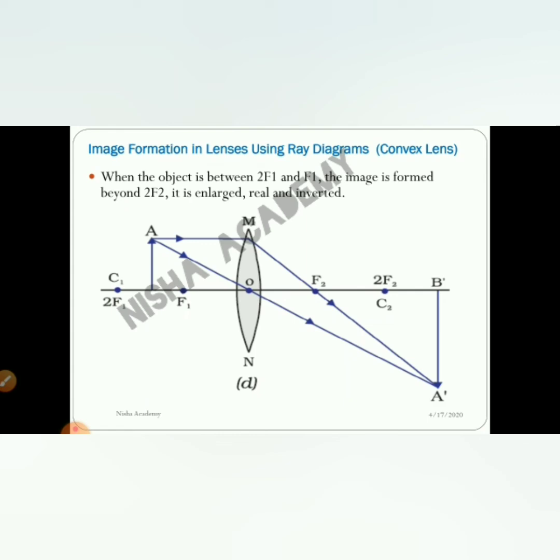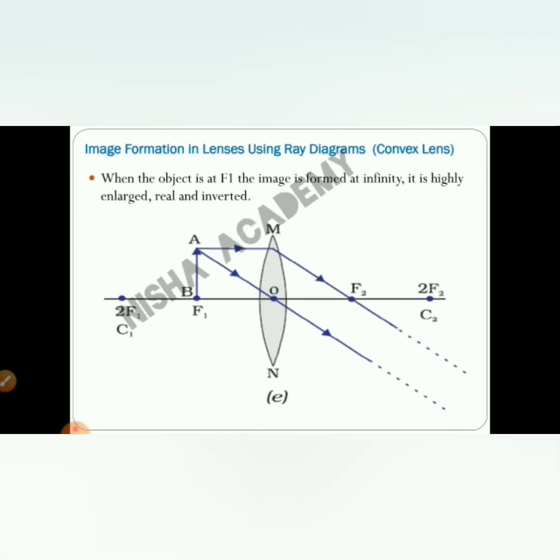Now we'll take the other case, where we place the object at the focal point f1. Here, when we place the object at f1, again take two rays, one parallel to the principal axis and another through the optical center.